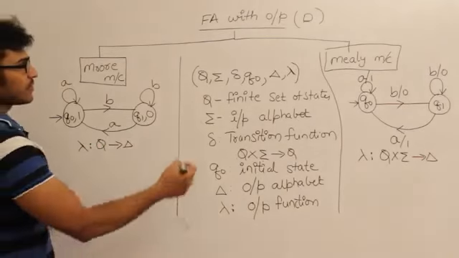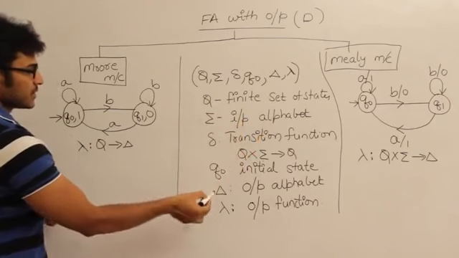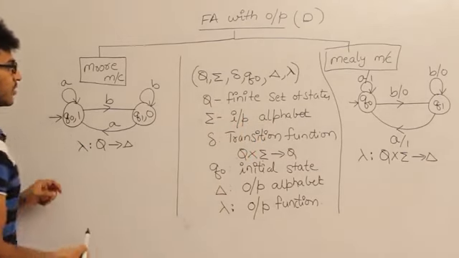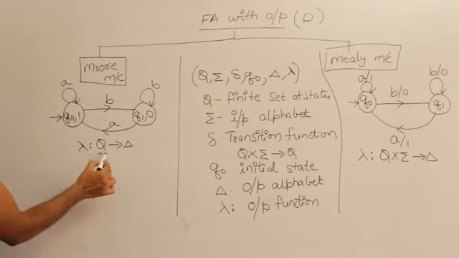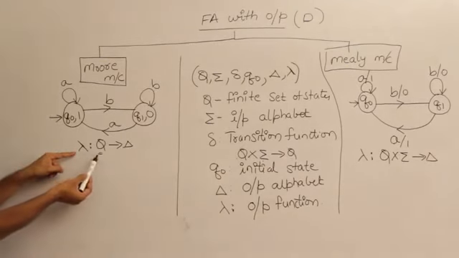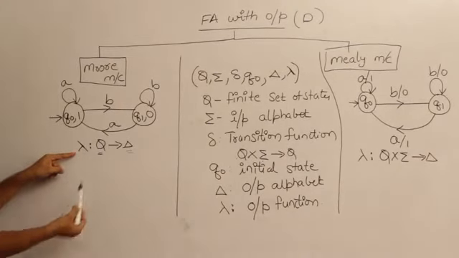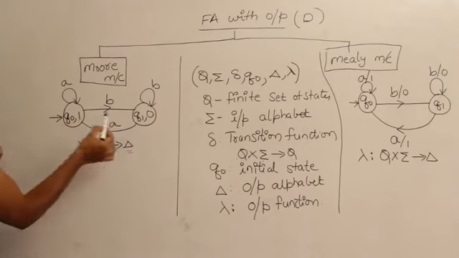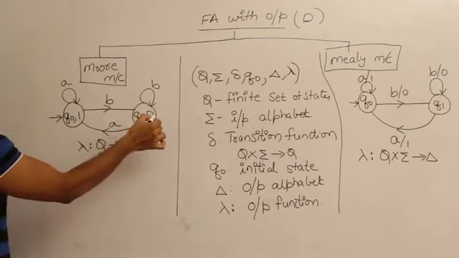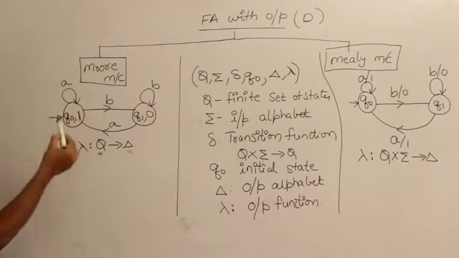So the only difference between Moore machine and Mealy machine is only the lambda. In Moore machine, lambda is a function from Q to capital delta, which means for every state an output is associated. For example, for this state the output is 0, for this state 1 is the output.